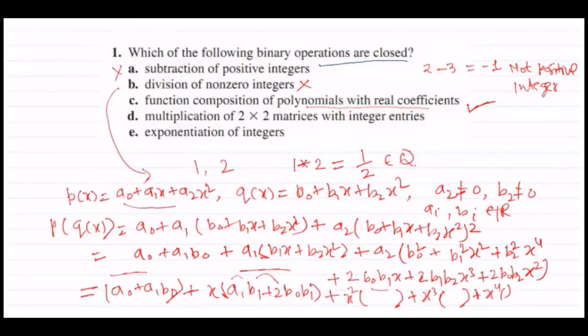Multiplication of 2 by 2 matrices with integer entries. Suppose we are taking any 2 by 2 matrix A equals a, b, c, d, and then another matrix B equals e, f, g, h.